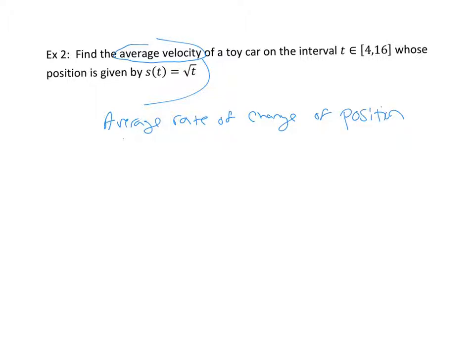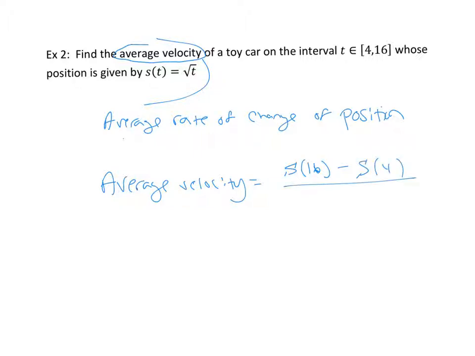Okay, so velocity is a rate of change of position. So average velocity is average rate of change of position, and here we've got the position function. So the average velocity is going to be s of 16 minus s of 4 divided by 16 minus 4.